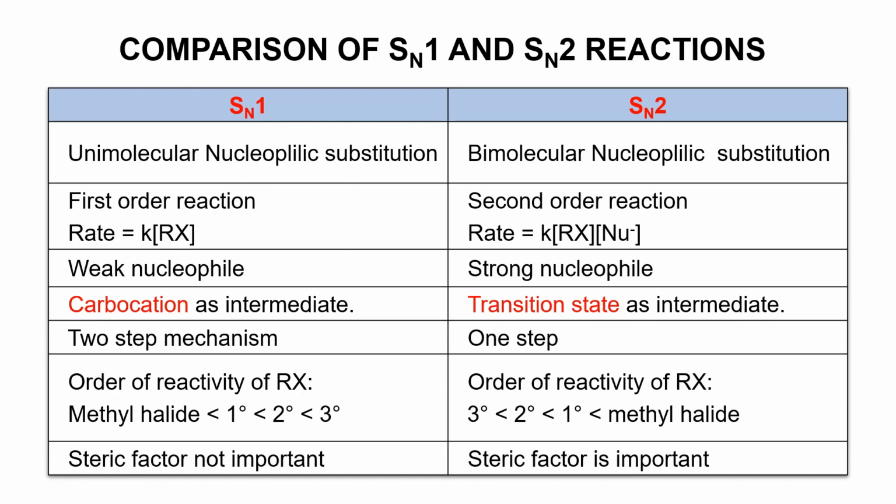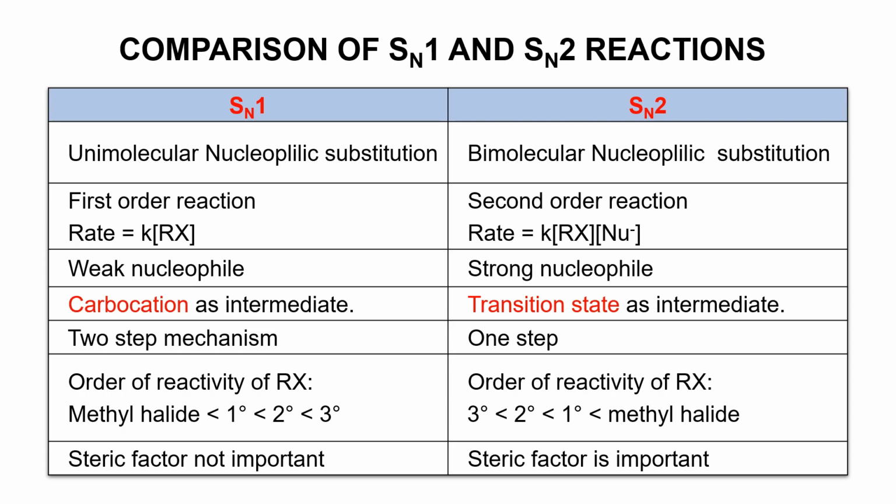Let's compare SN1 and SN2 reactions. SN1 involves unimolecular nucleophilic substitution, while SN2 is bimolecular nucleophilic substitution. SN1 undergoes a first order reaction with rate equals k times the concentration of only haloalkane. For the second order reaction in SN2, rate equals k times the concentrations of haloalkane and also nucleophile.